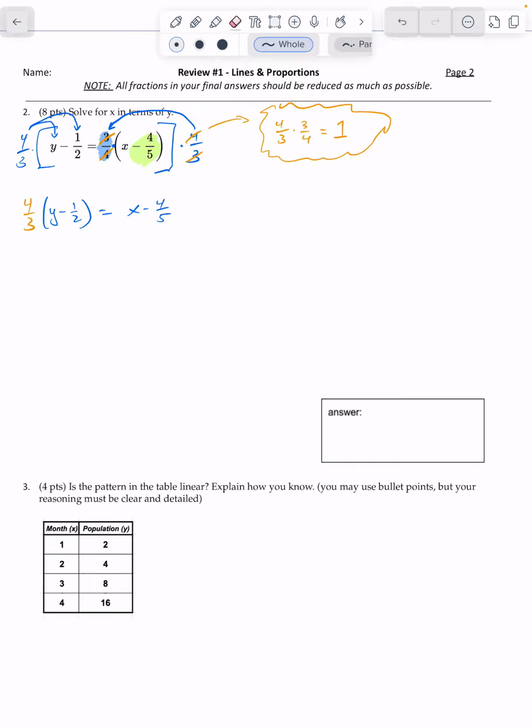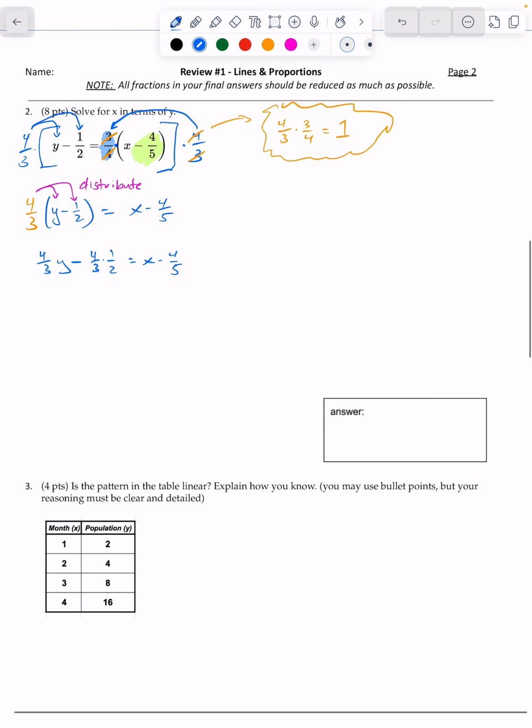There they go. And I'm going to distribute. So that then I get 4/3 y minus, and note this is 4/3 times 1/2 equals x minus 4/5.